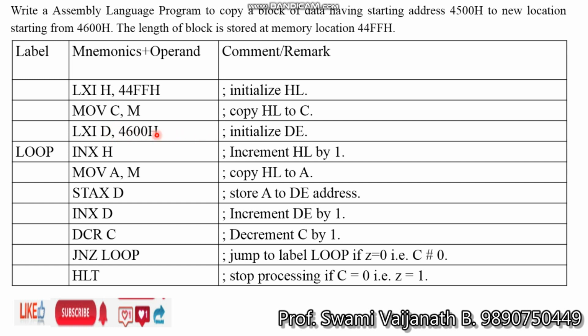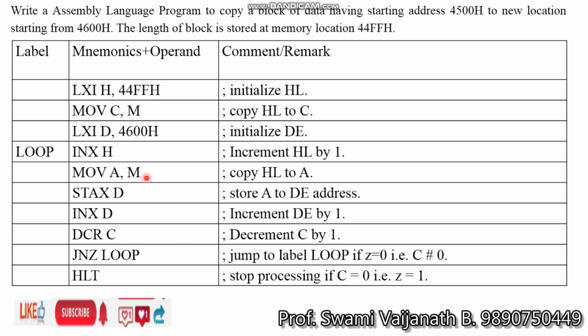For this instruction, the destination location, where you copy the content, is initialized into the DE pair. Then INX H increments HL, that is the source location is incremented by 1.